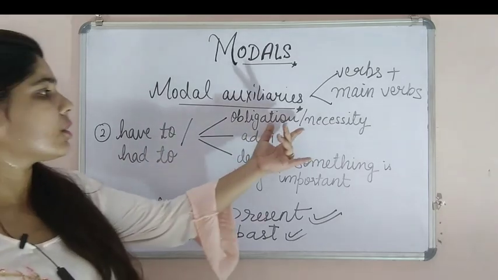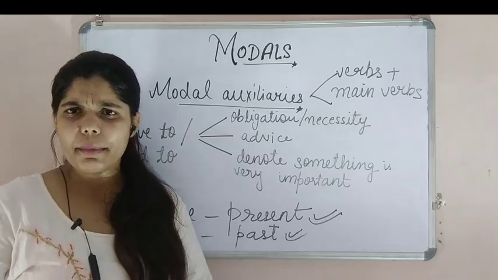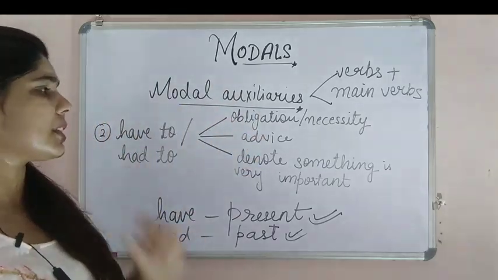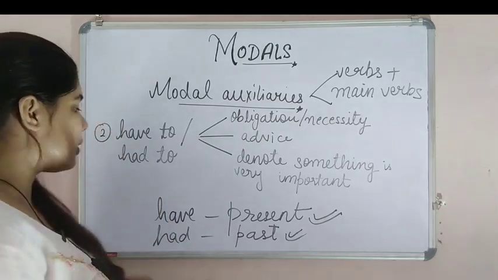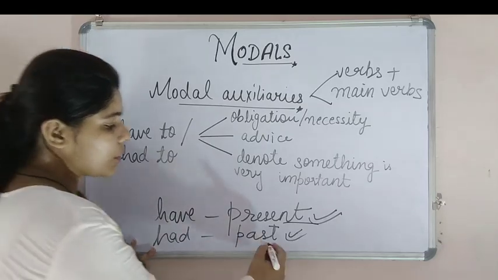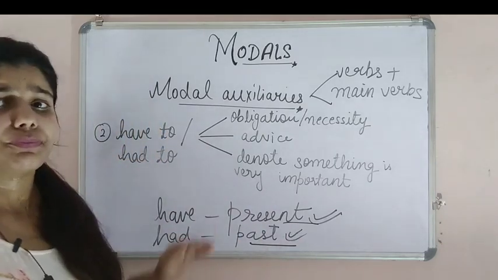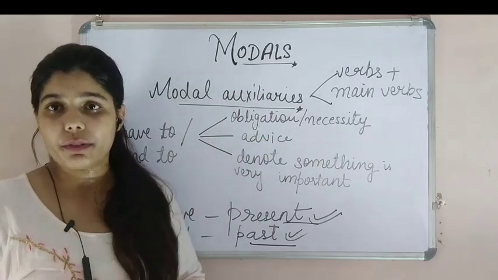First, it is used to express obligation and necessity, just like must. The only difference is that have to is used for the present and had to is used for the past. Secondly, both are used in the case of advice.